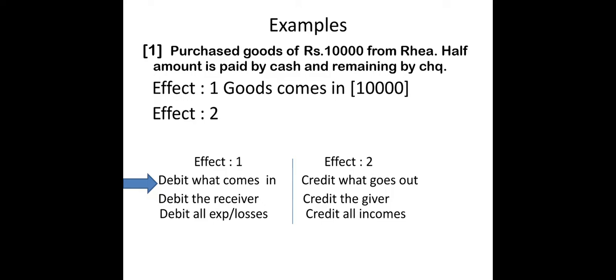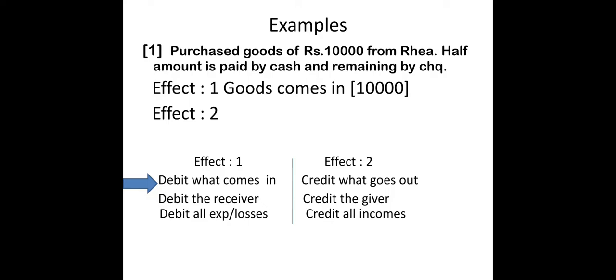Now see, half the amount we are paying by cash, so definitely cash goes out, we can write. Yes, we can write cash goes out. But students, cash goes out is only 5,000. We are giving only 5,000. Then what about the remaining 5,000? Yes, that is paid by check. So we can write bank is the giver also.